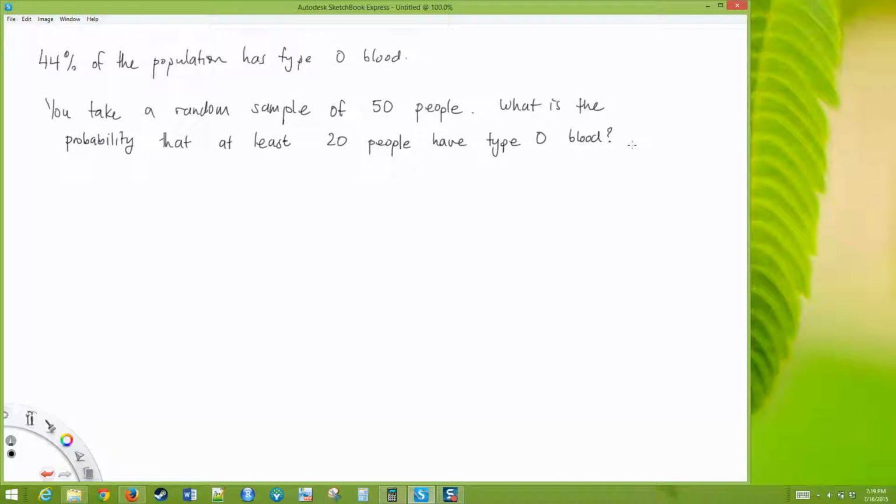Okay. So, well, here we'll see. What command would you use in R to answer this to get the exact probability?